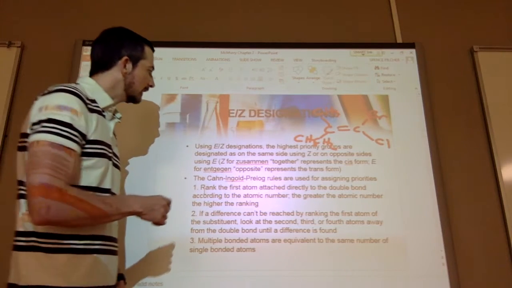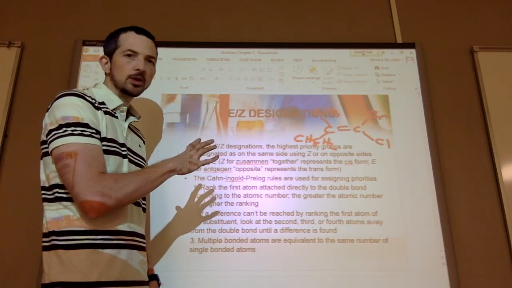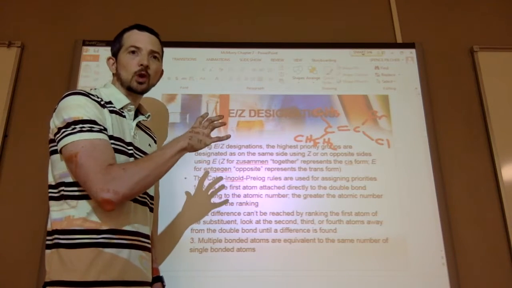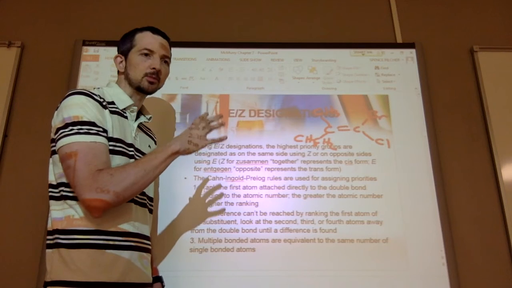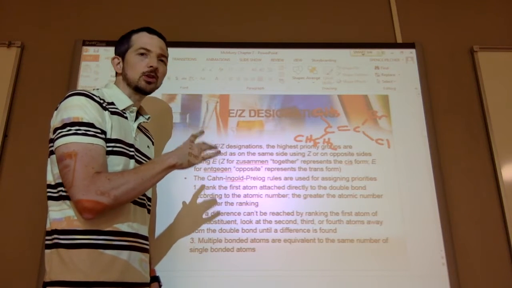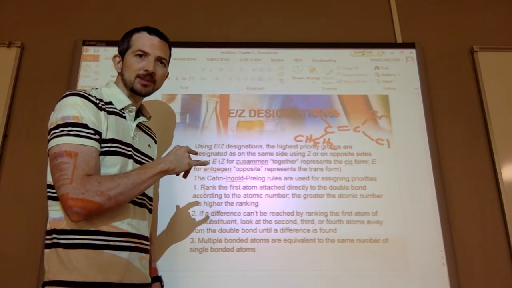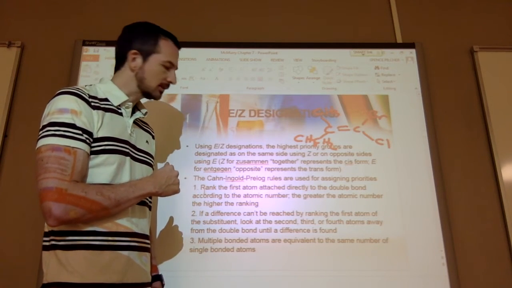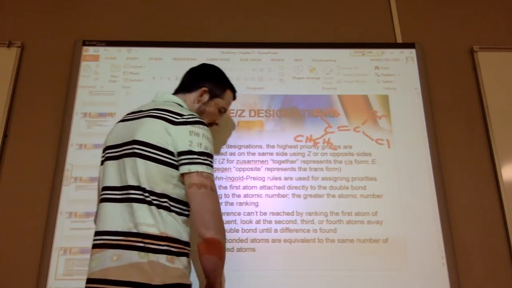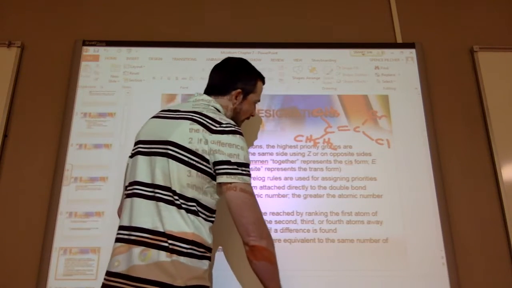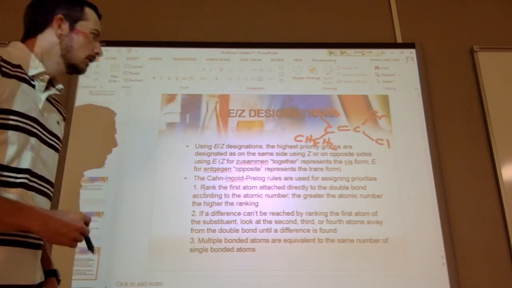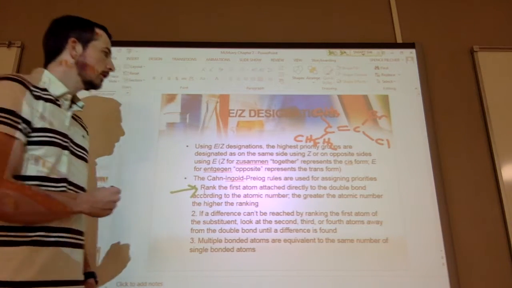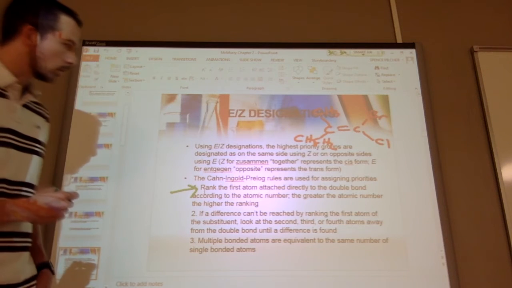For the E and Z designation, you assign priorities to the groups, and then you rank them, whichever one's highest priority on each side. If the two higher priority groups are on the same side, it's Z. If they're on opposite sides, it's E. Just to review the Cahn-Ingold-Prelog rules, rank the first atom attached directly to the double bond according to atomic number.